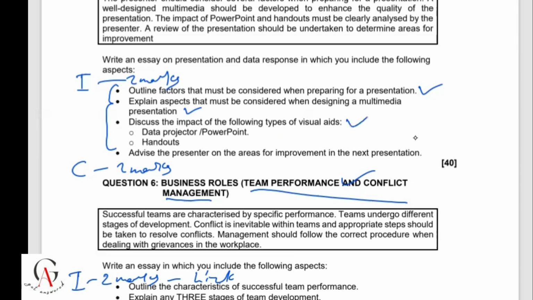Okay, right. So now let's check bullet number 3: discuss the impact of the following types of visual aids. We are going to discuss the data projector or PowerPoint. One of the advantages is that graphic programs have the capacity to convey ideas and support what the presenter says.